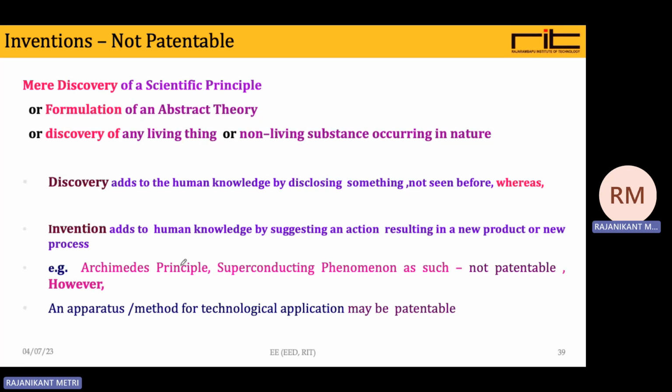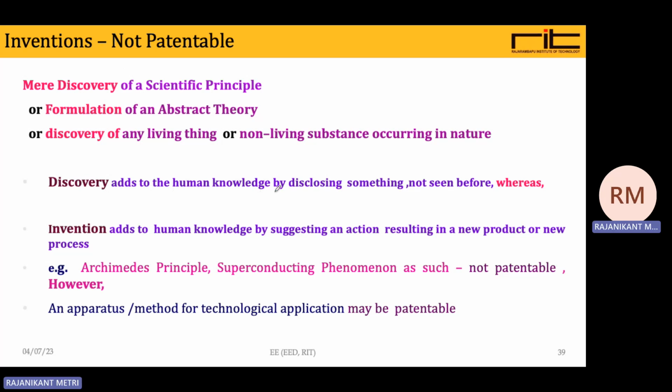Again, what things are not patentable? Mere discovery of a scientific principle. If you have discovered some principle, formulated some abstract theory, or discovered any living or non-living substance occurring in nature which is already there, such discovery or formulation cannot be patented.